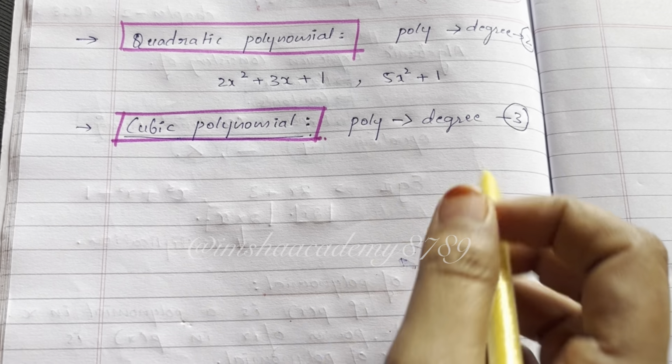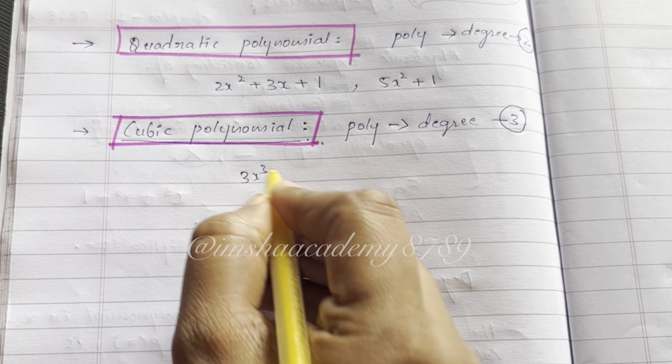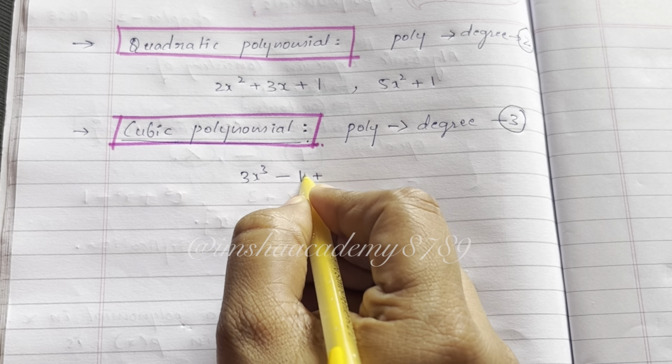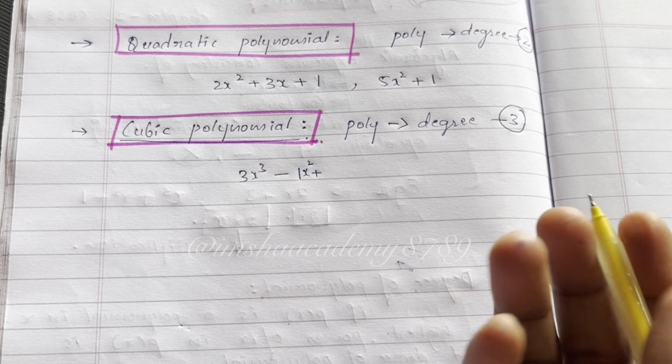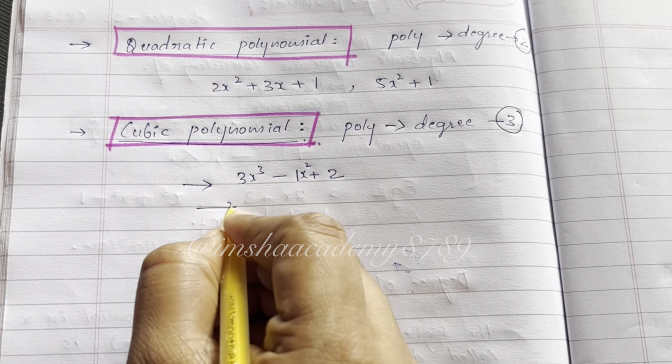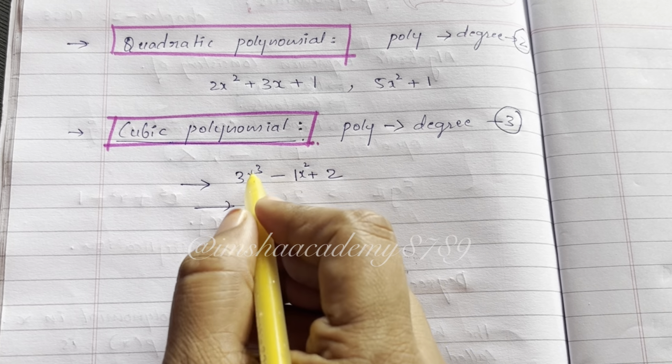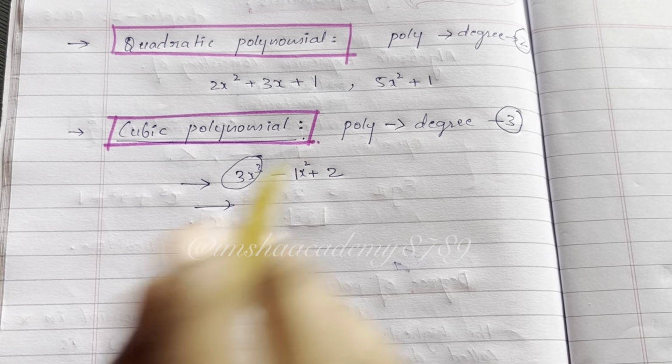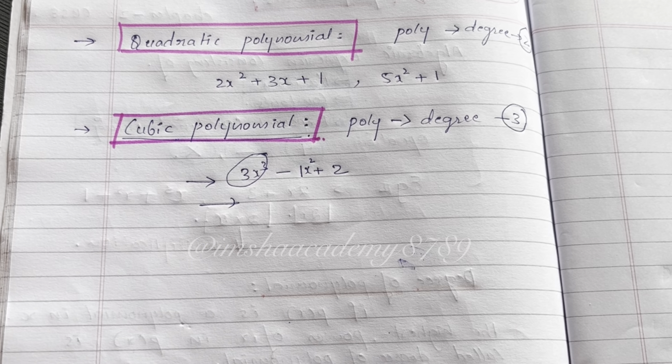Let me give an example of this as well. 3x cube minus 1 plus 1x square, or 1x plus 2. Anything you can write as an example which has x cube. Any polynomial with x cube, y cube. Okay.